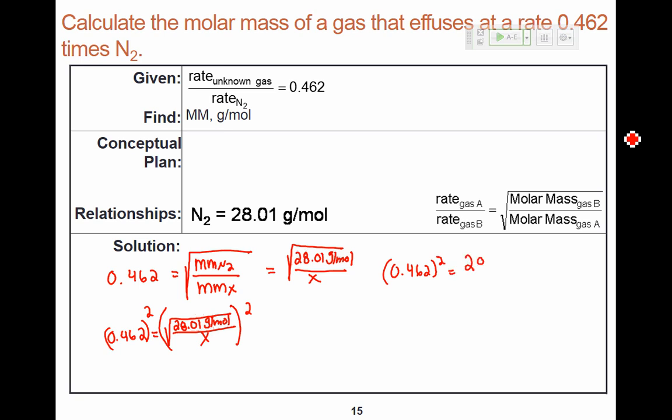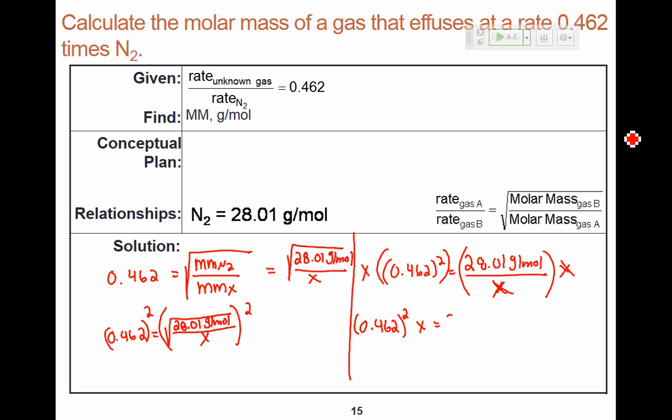And that's going to give us 28.01 grams per mole over X. So when we solve for this, I can multiply both sides by X so it cancels out. And when I solve for X, I get 131 grams per mole.